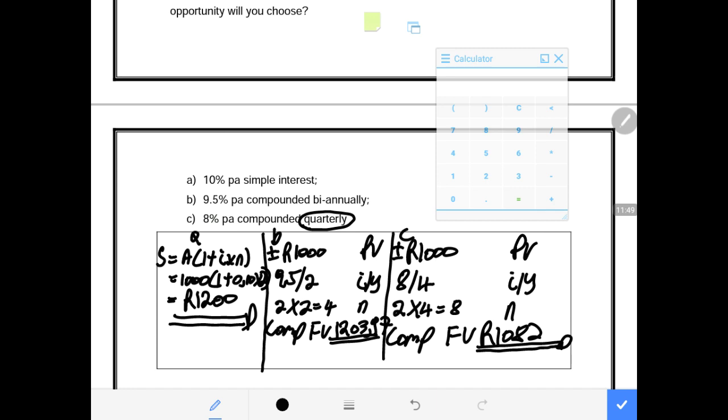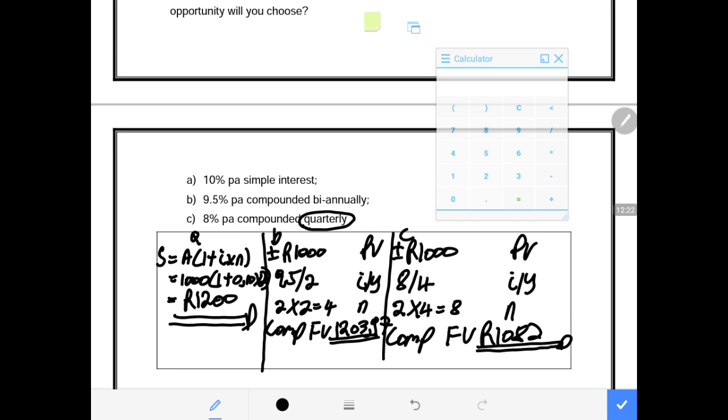1082 rands. So now that will be, okay, let me just verify: we have plus minus 1000 present value, and we have 8 divided by 4 is our interest, and we have 2 times 4 is our n, and we compute our future value.